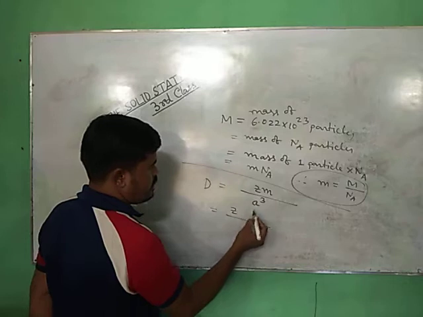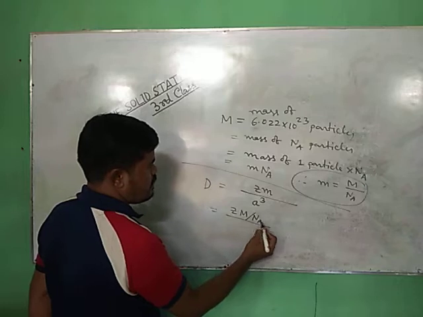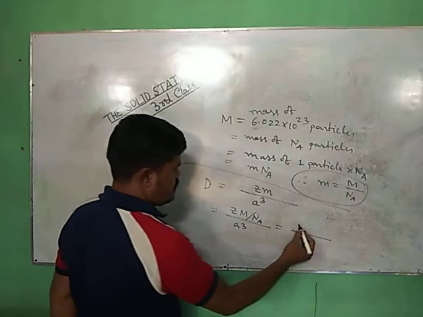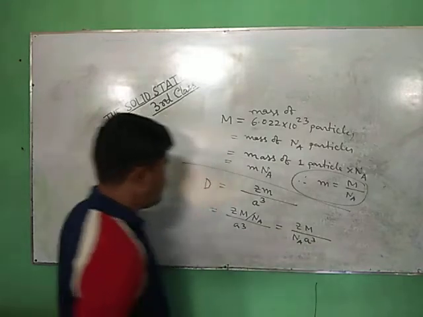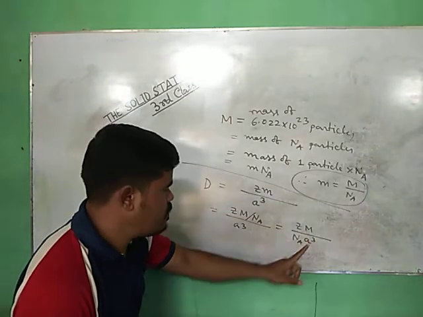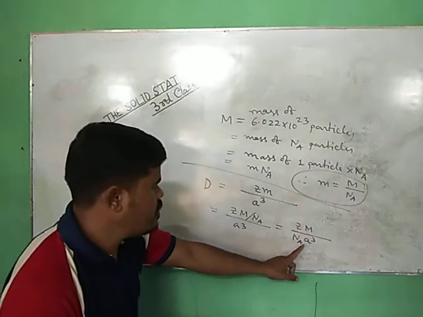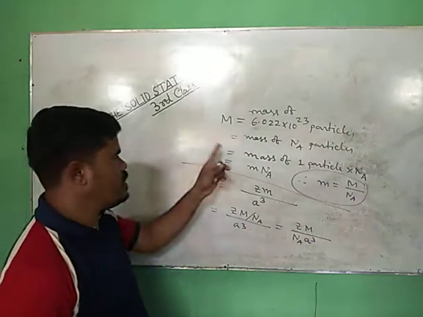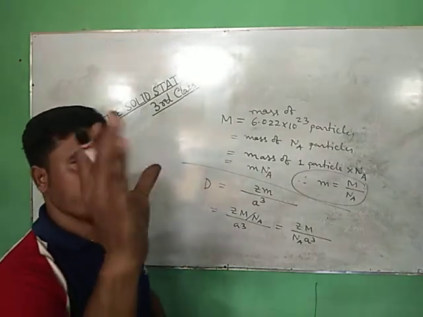Putting M by Na, thus we can calculate the density of a crystalline solid as d = zM divided by Na a³. Here z is the number of particles per unit cell, M is the molar mass of the solid, Na is Avogadro's number, 6.022 × 10^23, a very large number, and a is the edge length of the cubic unit cell. Using this relation, you can calculate the density of a crystalline solid.